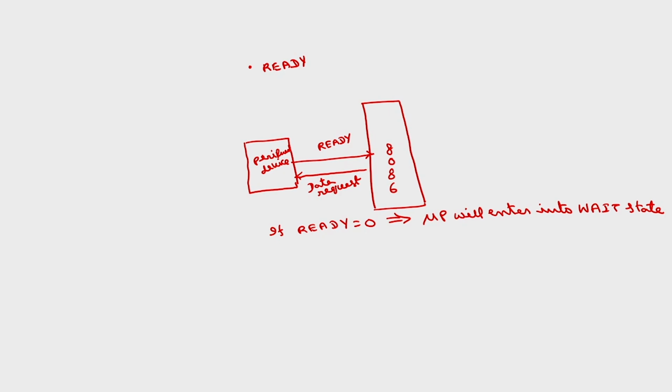If the peripheral is ready to give the data, it sends a high on the ready signal. If ready is 1, the microprocessor reads the data from the peripheral through the data bus.